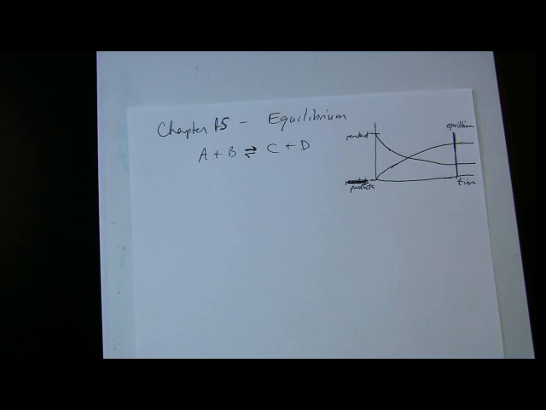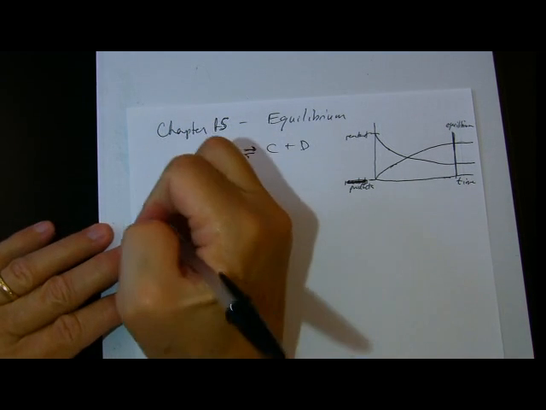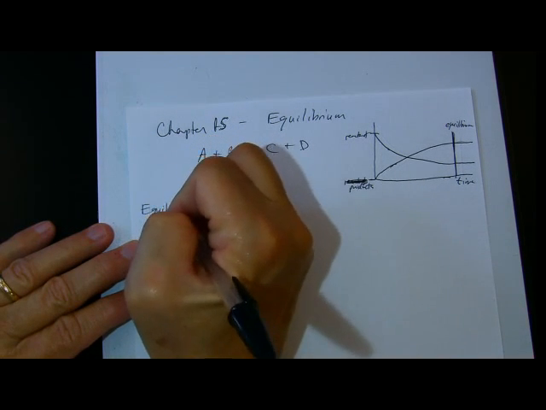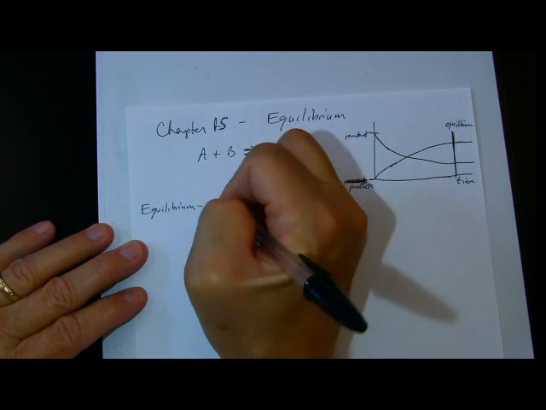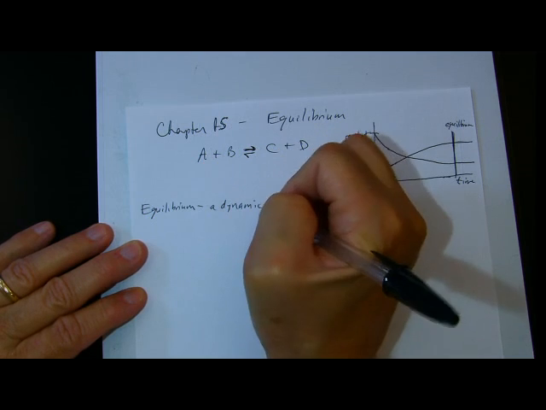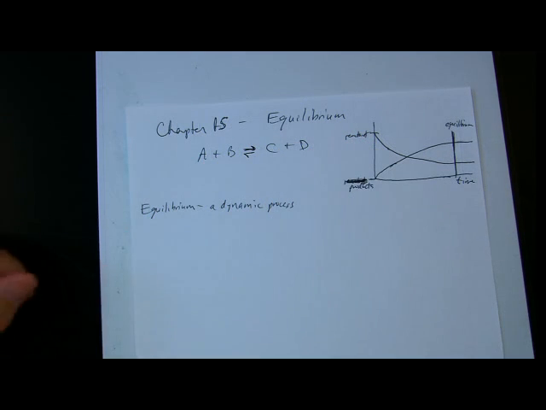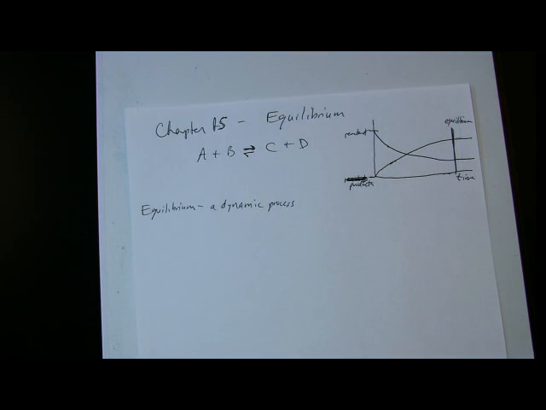In order for that to occur, the forward rate and the reverse rate have to what? Equal each other. Be equal, right? So that's what equilibrium is. It's a dynamic process. Now, what does that mean? There's something called a static process, and there's something called a dynamic process. Static process means nothing moves, right? If you've got a little balance and you put two weights on it and it's stationary, that's a static equilibrium. If you put something on one side, then it will go down and the other one will go up.